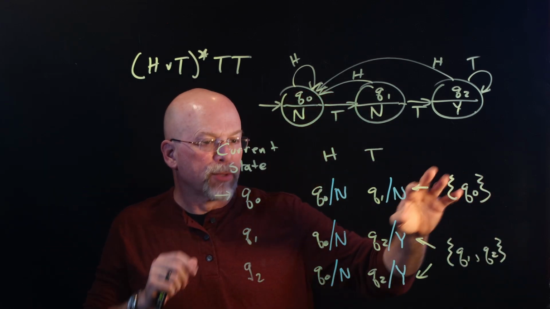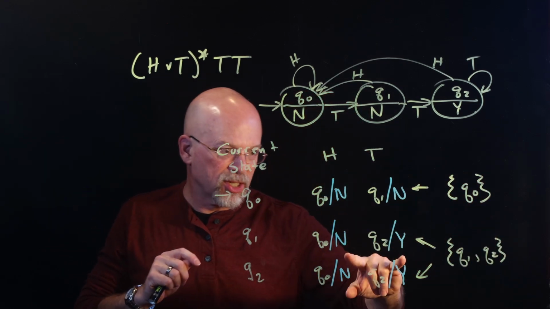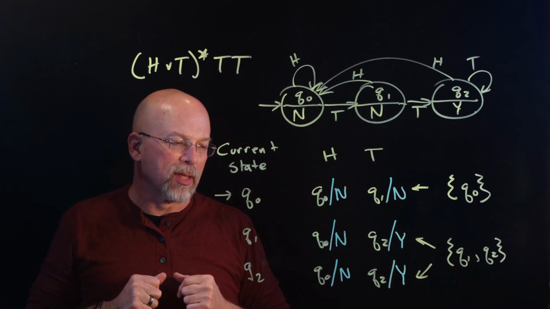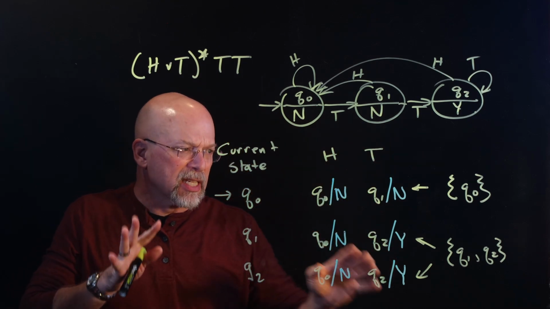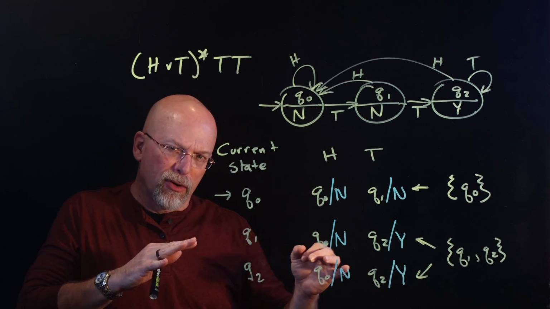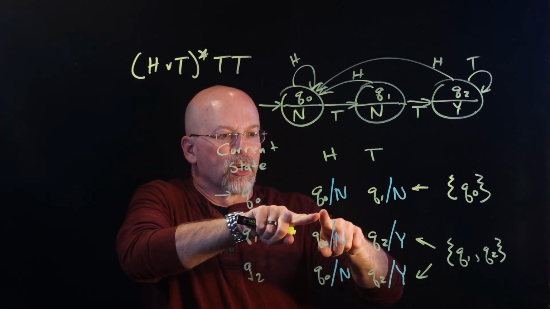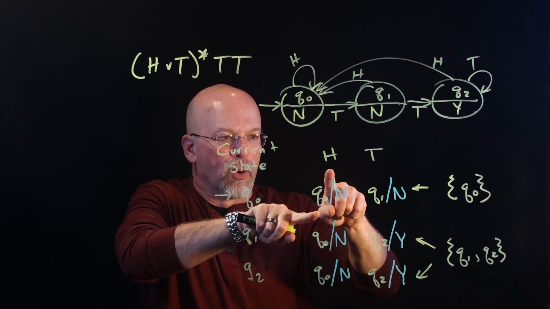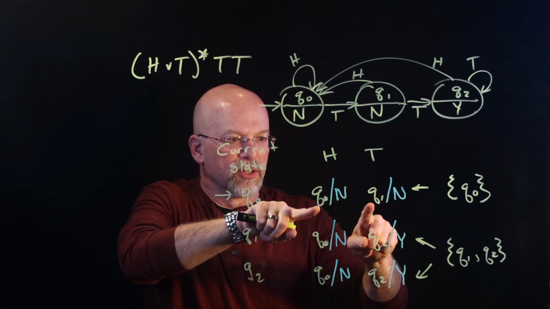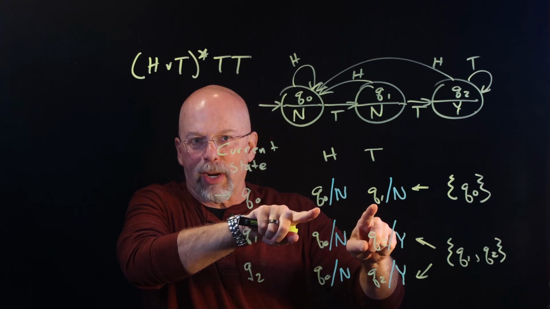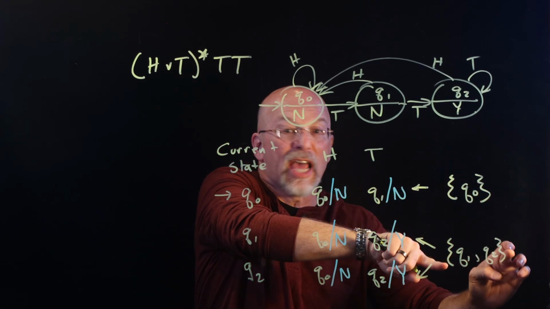Now that we have grouped our states into the states that have the same output for each one of the inputs, we need to see if they need to be broken down any further based on the destination. In other words, I want to make sure that for heads and for tails, both of these transition to the same sets of states.